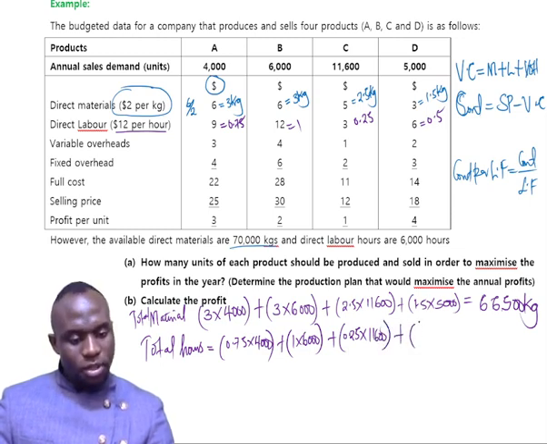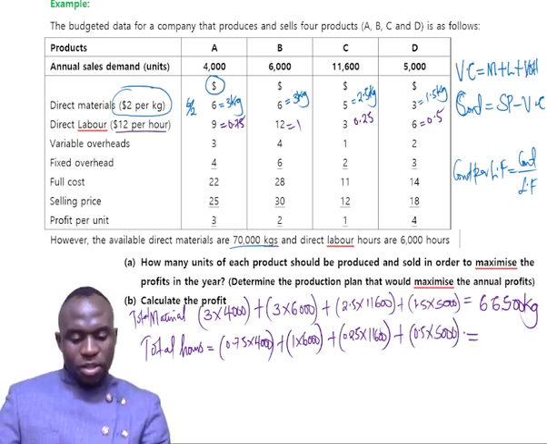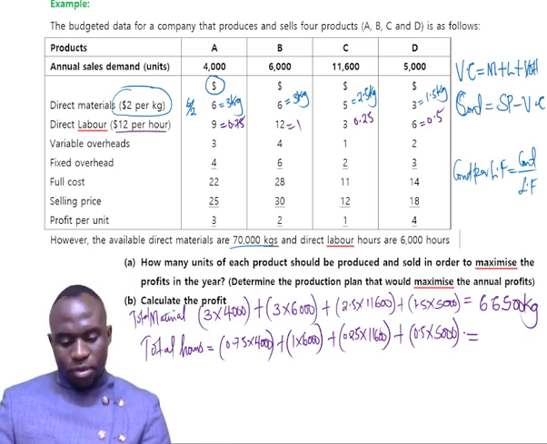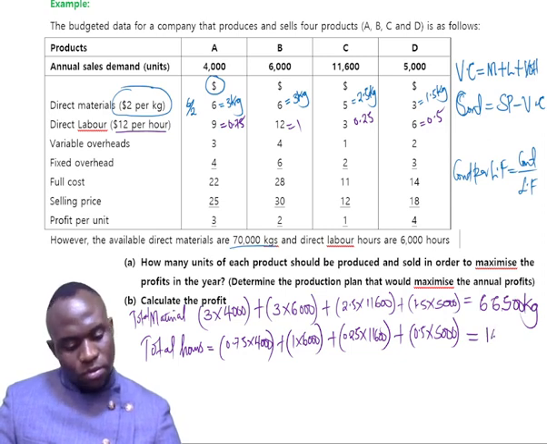Then for product D, it is 0.5 times 5,000 hours. So the answer we get is 0.75 times 4 plus 1 times 6 plus 0.25 times 11,600 plus 0.5 times 5,000. The answer we get is 14,400 hours.